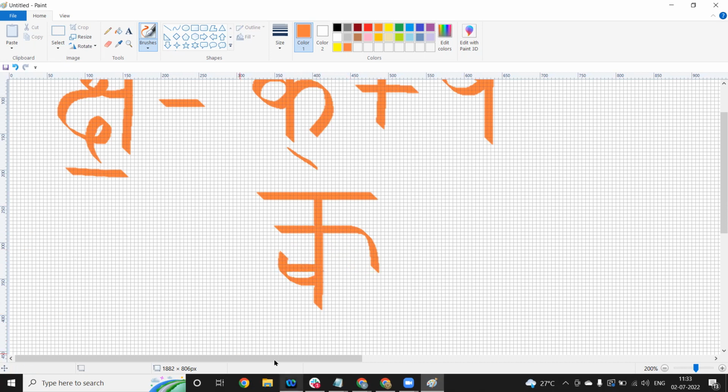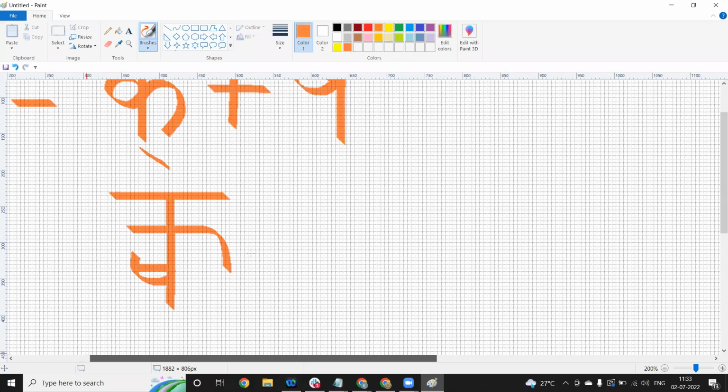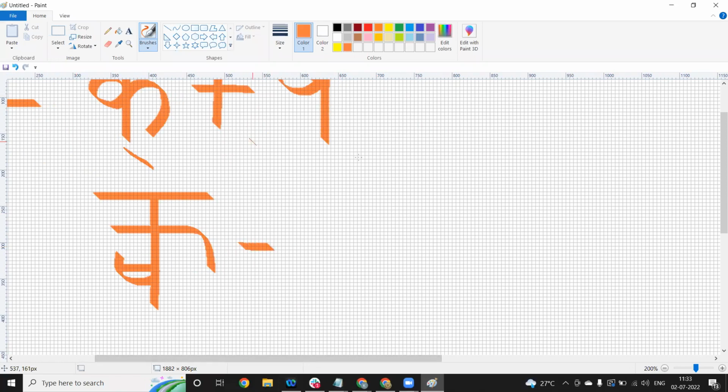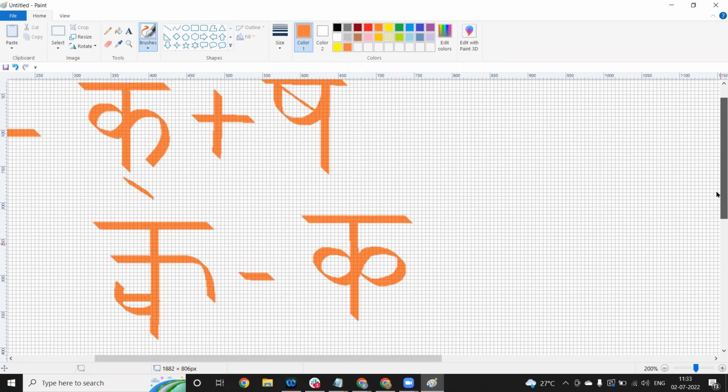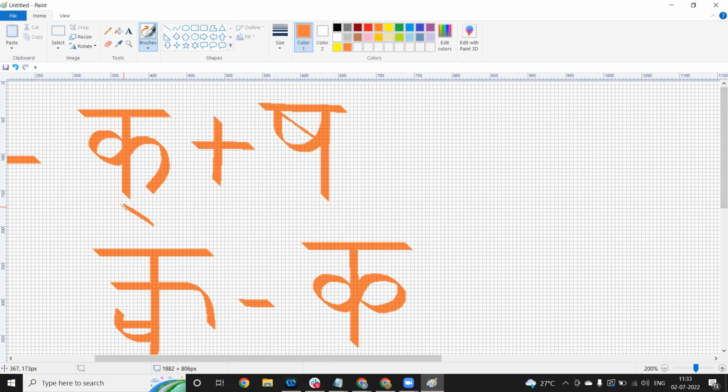Now this ksha, as I have explained above how it is the combination of k and sh, I'm showing it here as well in Sharda lipi. This is ka. Now this halant that you saw on the top, in the case of Devanagari, means ka is half without the support of a.